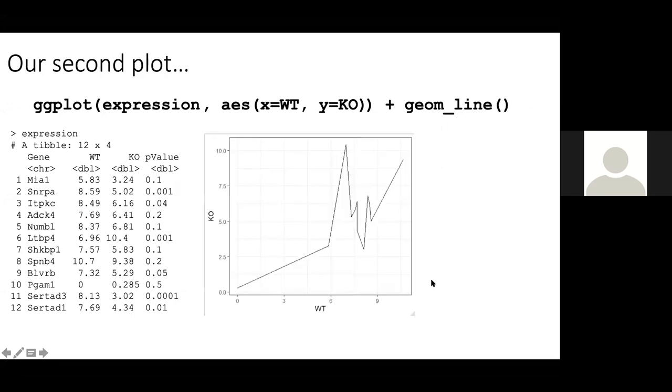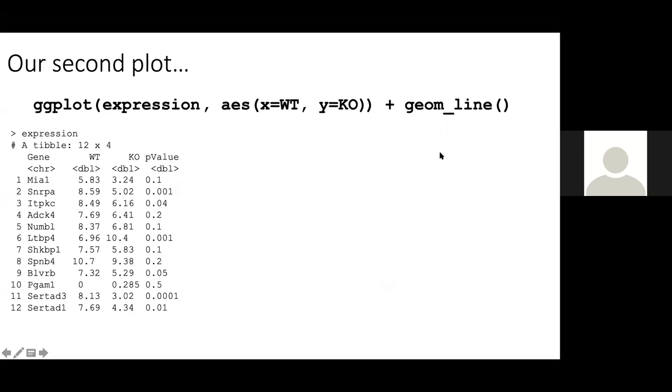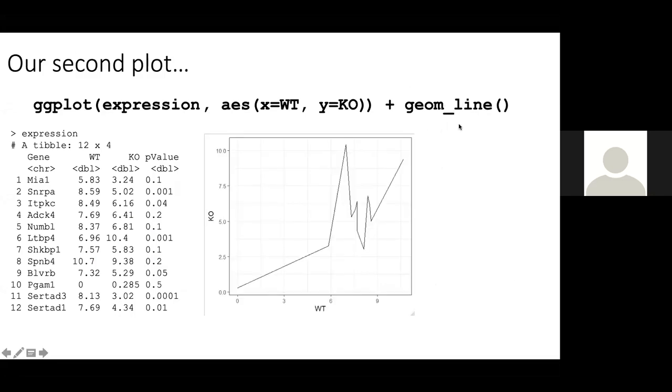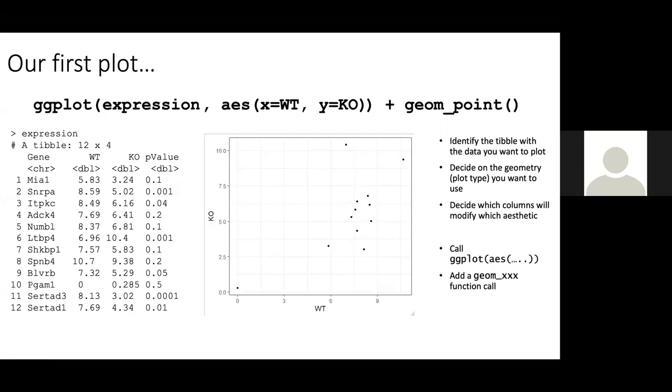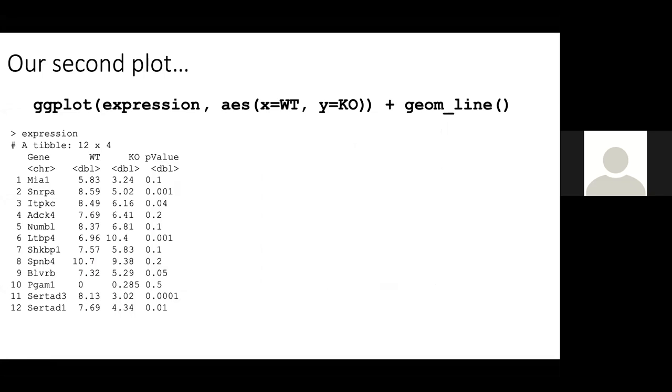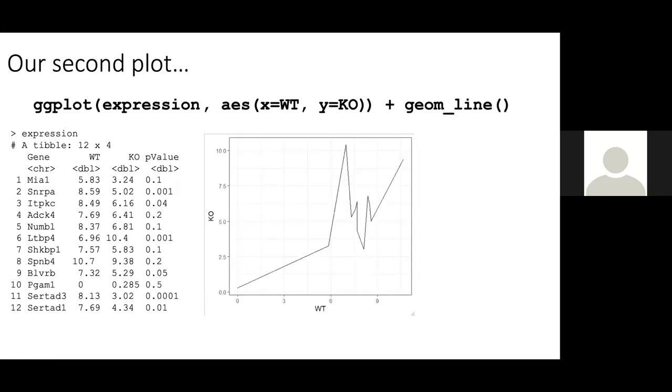And this is the second graph. If you want to use the line, the difference between this graph and the previous graph is just the change in geom. Instead of using geom_point, we use geom_line. So geom_line brings up the data in the form of a line graph.